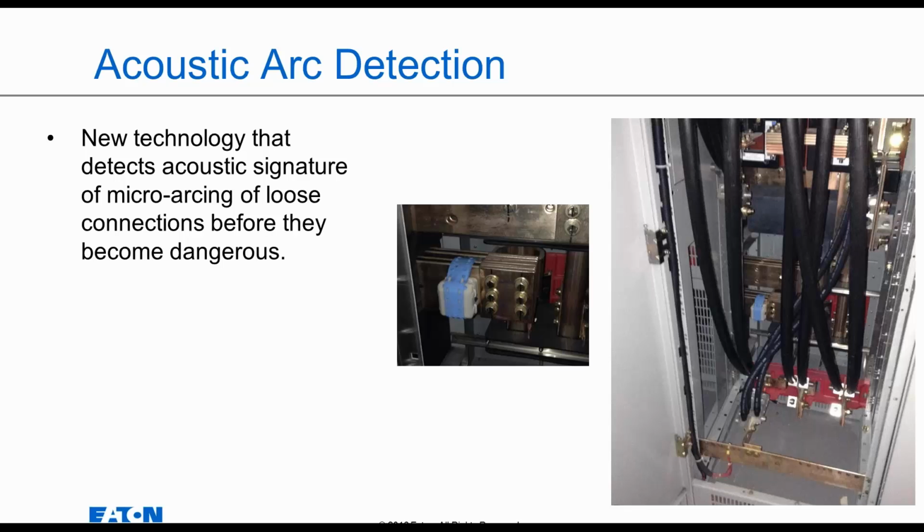So here it is, and just like partial discharge, this is only using acoustics to detect that loose joint or a micro-arcing or corona discharge that's going on inside that gear.